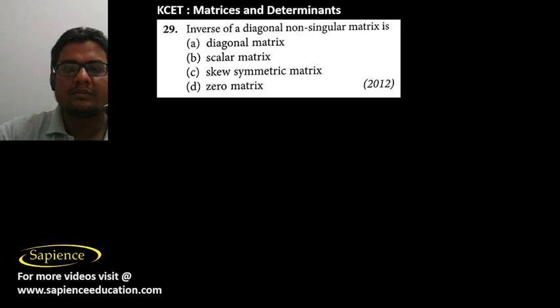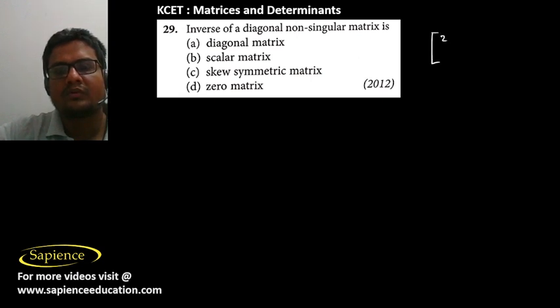Then in question number 29, it is told, the inverse of a diagonal non-singular matrix is. So suppose, for example, I take the matrix with rows 2, 0, 0; 0, 3, 0; 0, 0, minus 3.